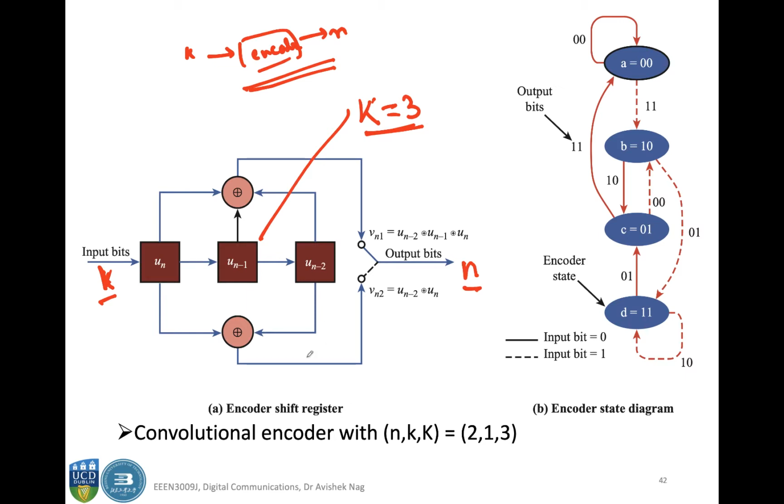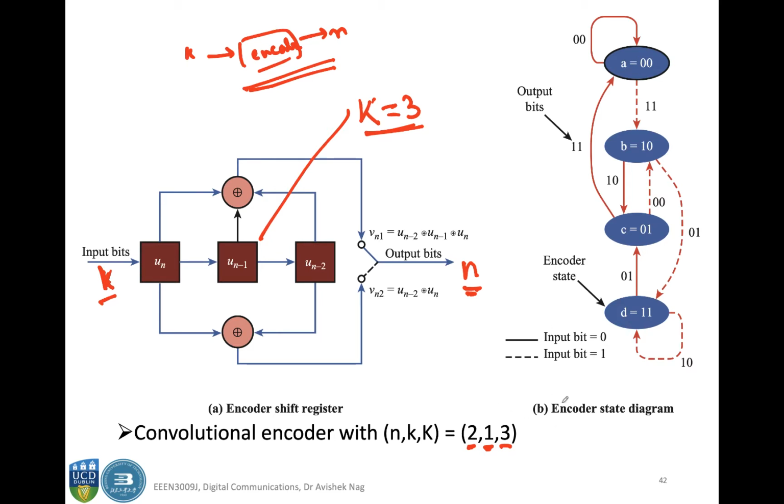In this example your small k is 1 and n is 2. So this is an example of a convolutional encoder with (2, 1, 3) as its parameters. 2 is the output bits, 1 is the input bit, and 3 is the number of shift registers that are used to implement this encoder.